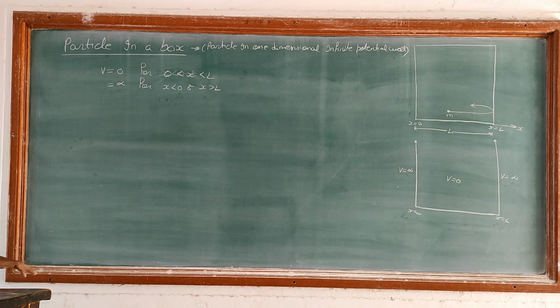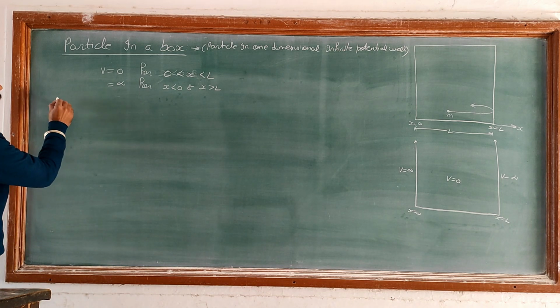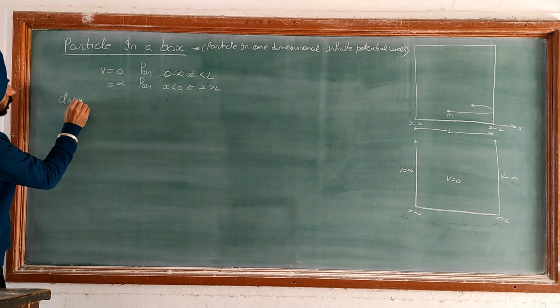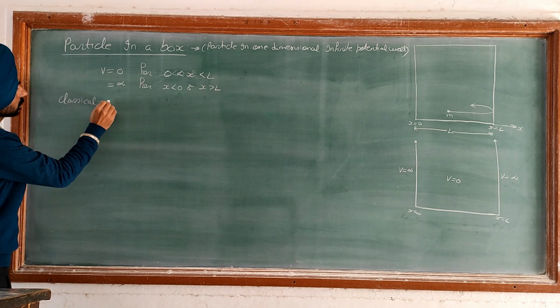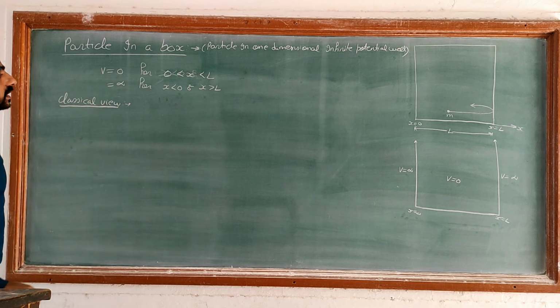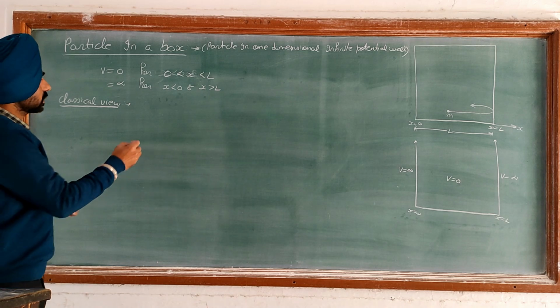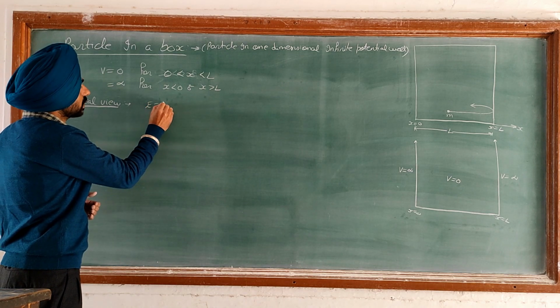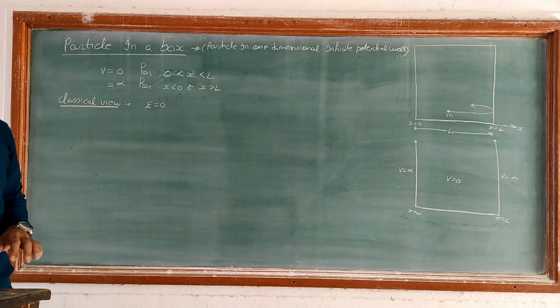So now first we consider the classical view. As in classical mechanics, we know that a particle can have any value of energy because it is in a continuum. If the energy E is equal to 0, that means the particle is at rest.